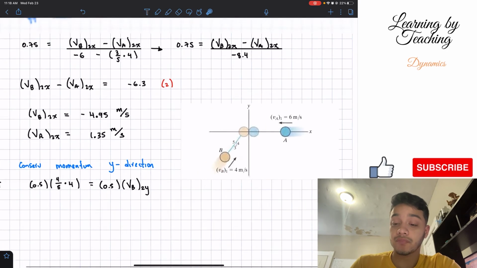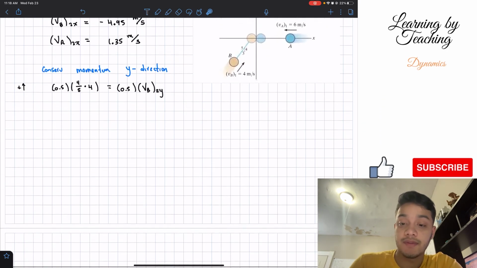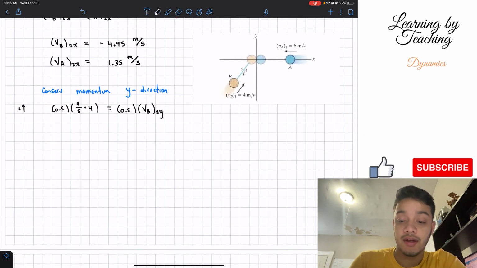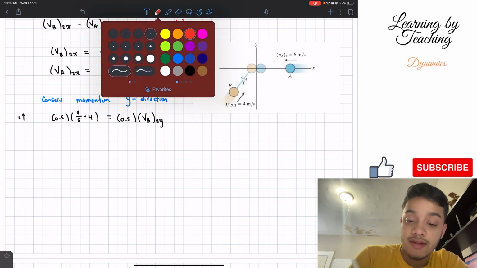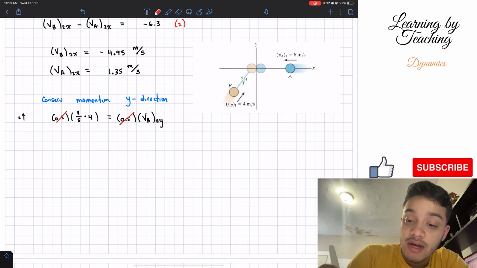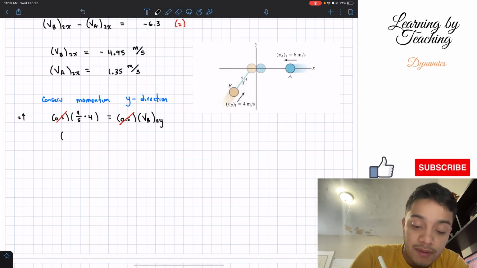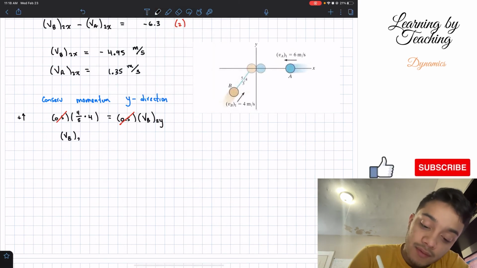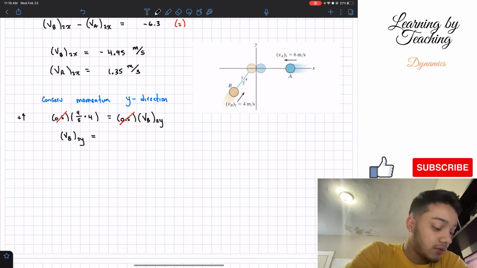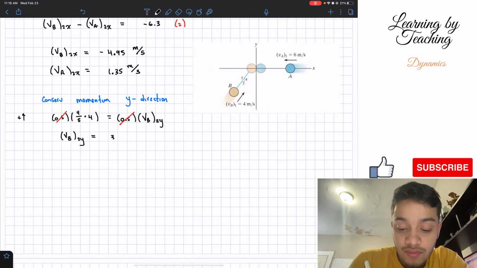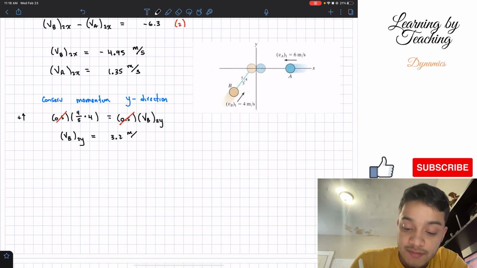So that's why the velocity of B is the only one that is included in this equation. So we can cancel out 0.5 on both sides, solve for the velocity of b in the y direction after the collision, and if we plug this into our calculator, we get a total of 3.2 meters per second.